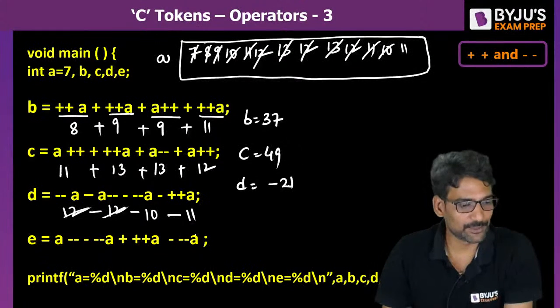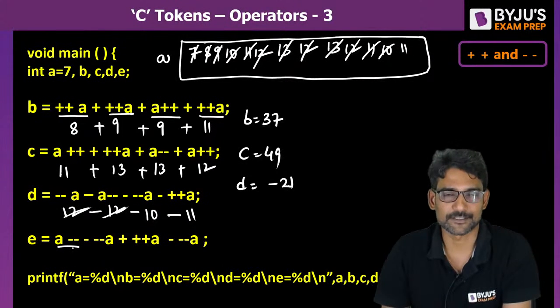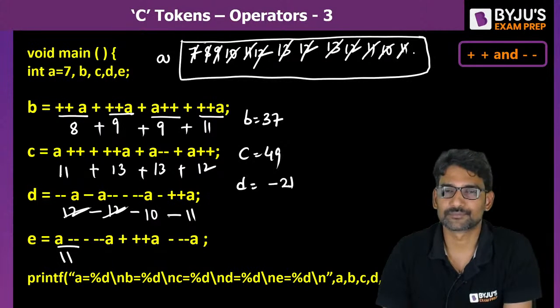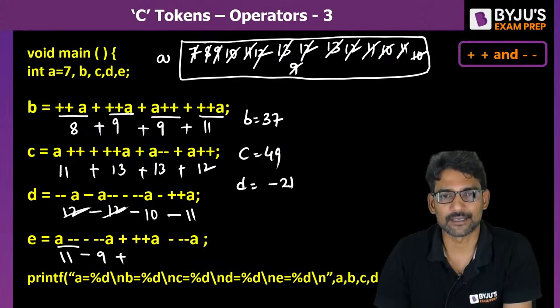And E value, A minus minus, A minus minus means 11, then decrement. Minus A, decrement, then assign. Plus A increment.